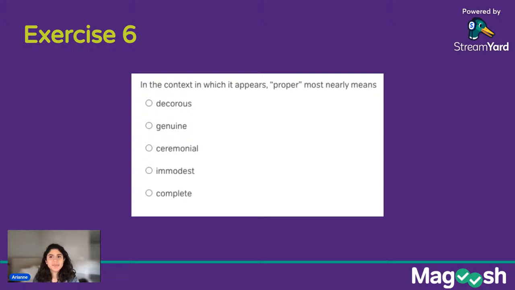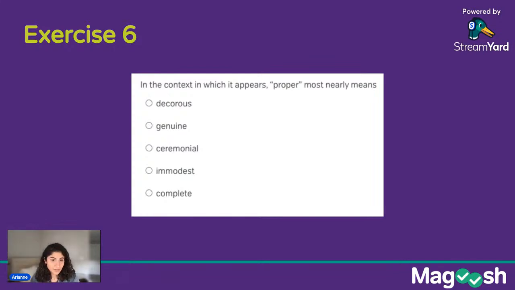Complete. What is a complete sport? That completely misses the mark. I think the writers of this question were playing with complete and proper, as in things that are properly made are usually complete. But no, complete here doesn't fit the context.